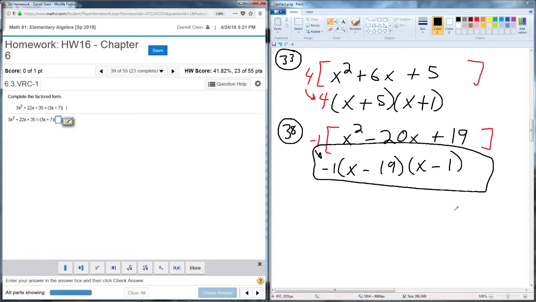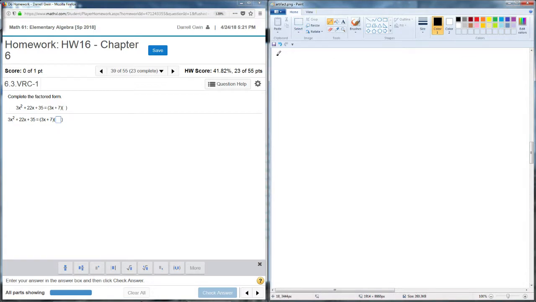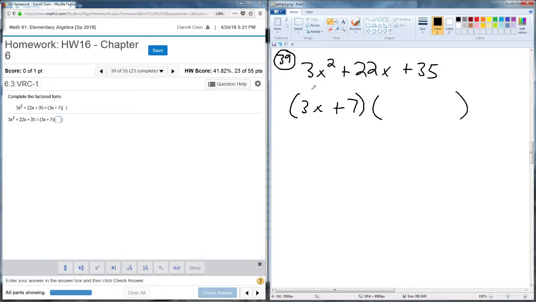Oh, this is a good one. Number 39. Let's go to a new page. This is 3x squared plus 22x plus 35. And they're telling us that the first one is 3x plus 7. The front two multiply to make 3x squared, so 3x times x equals 3x squared.